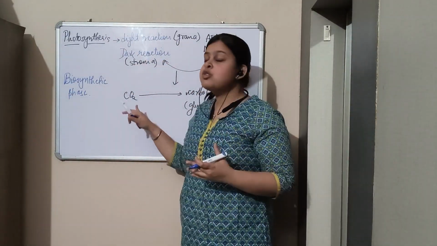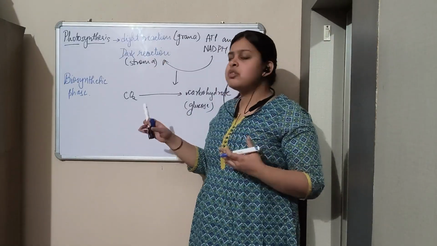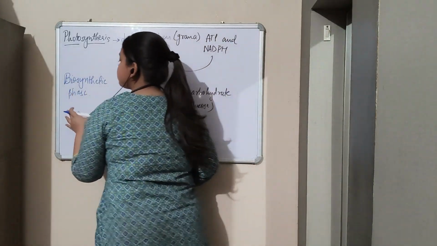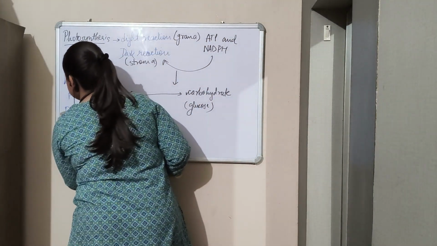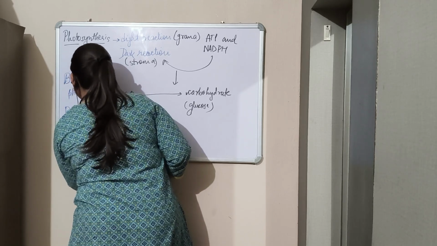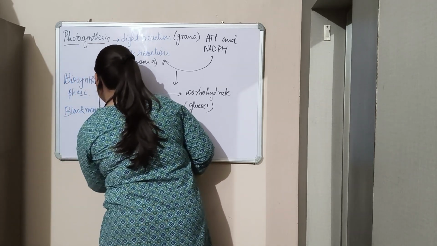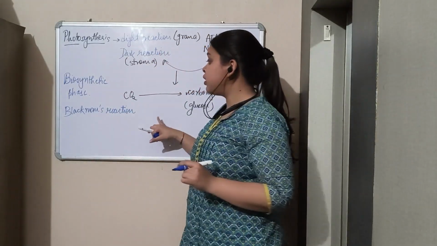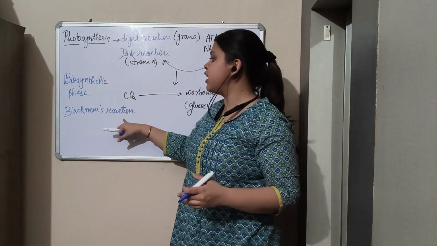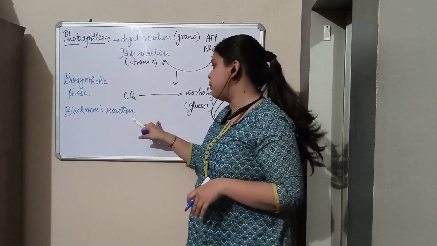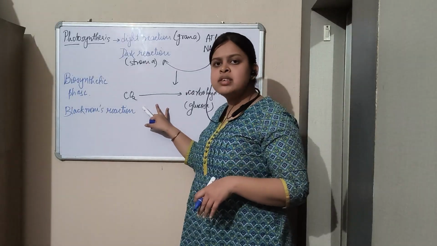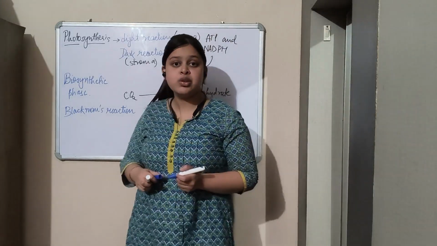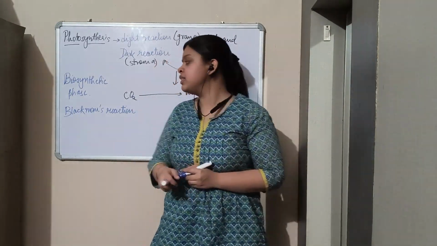Based on a scientist who did the initial studies of the dark reaction, it is also called Blackman's reaction. So Blackman was a scientist who did the initial studies of the dark reaction, and in his name, the dark reaction is also called Blackman's reaction.